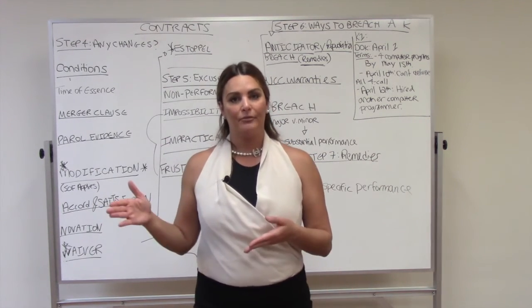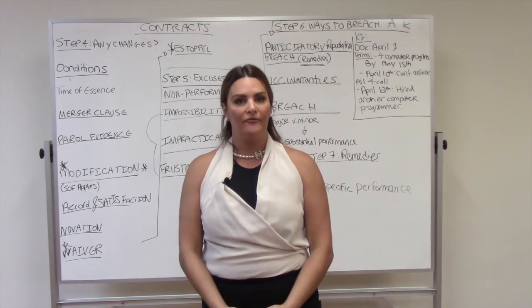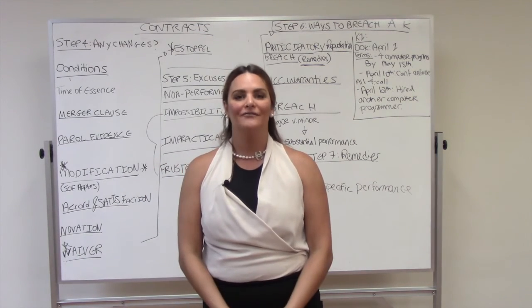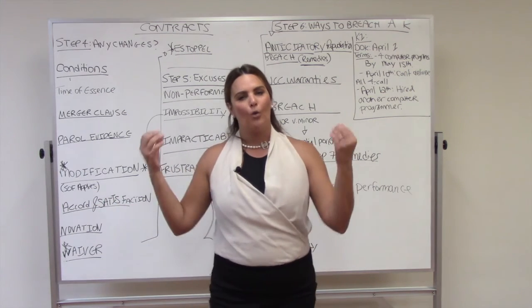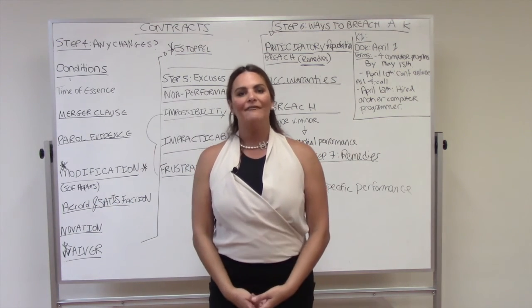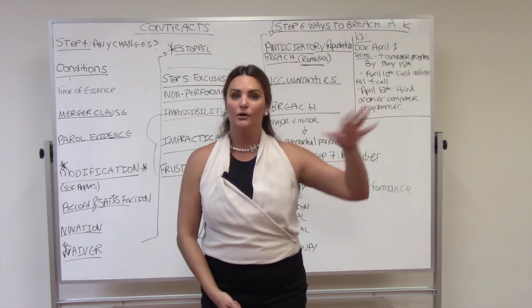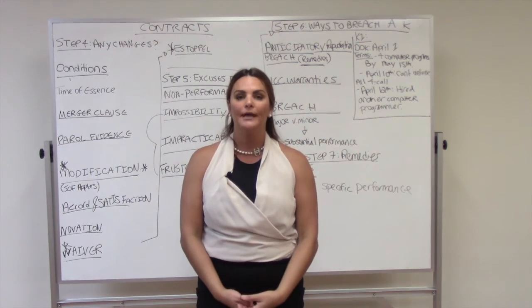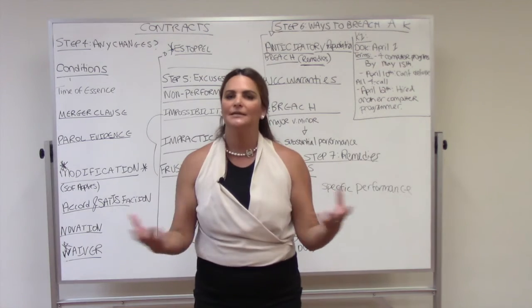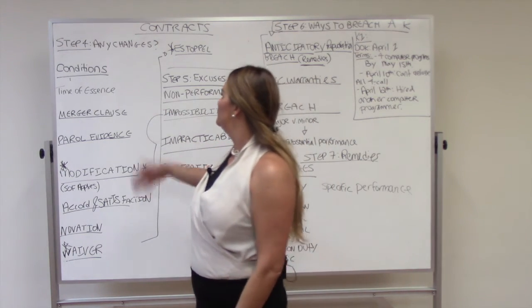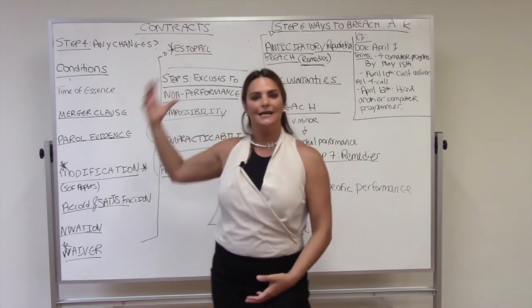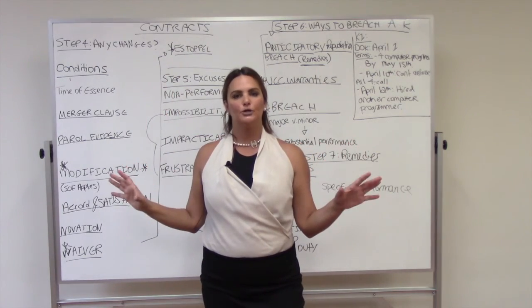We get out of step 3 and we find ourselves in step 4 eventually, regardless of the scenarios that we started out with. And when we start step 4, we're initially asking ourselves, have any of the terms of the initial contract in steps 1 through 3 been changed? Is there any potential change that we can argue for? And we're looking for a number of issues there as well. As we get out of step 4, we pretty much know what our terms are now.